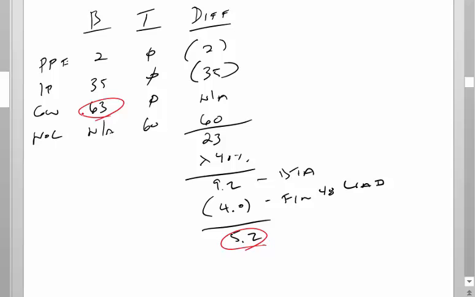Anybody get with that? Oh, you're right. Sorry. The 5.2 will cause the 63 to go down. So the 63 minus 5.2 is going to be 57.8. Okay? Follow? Okay. That's the easy part.